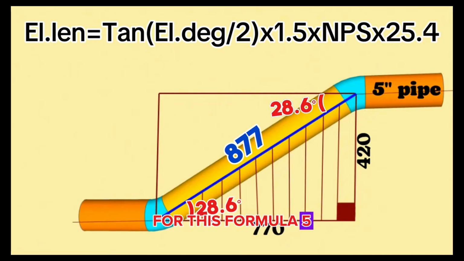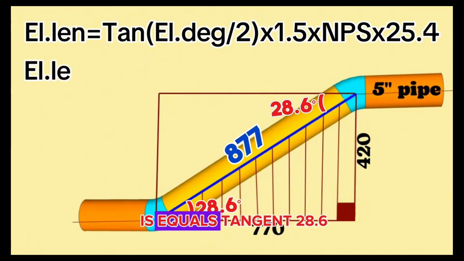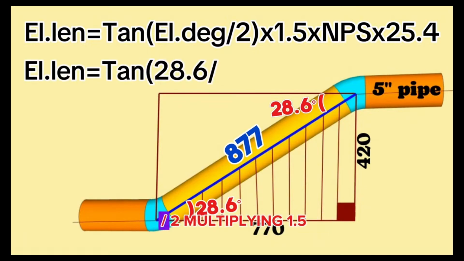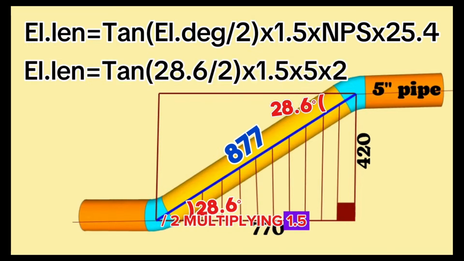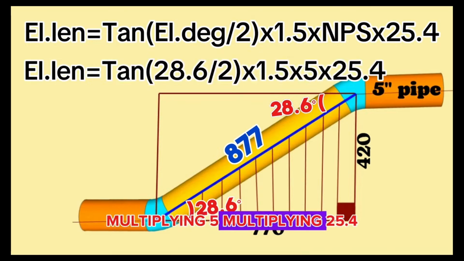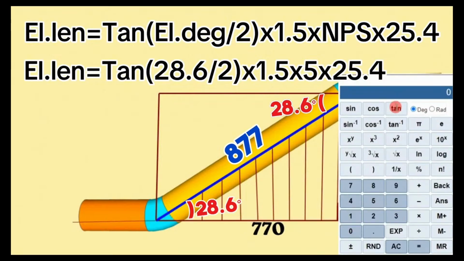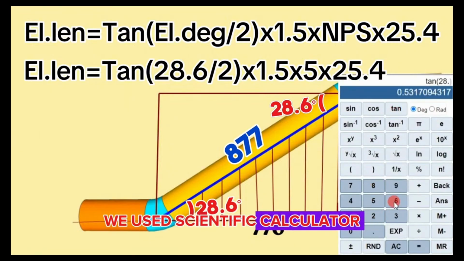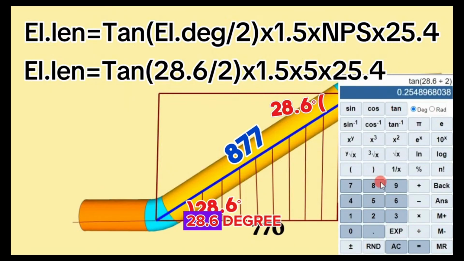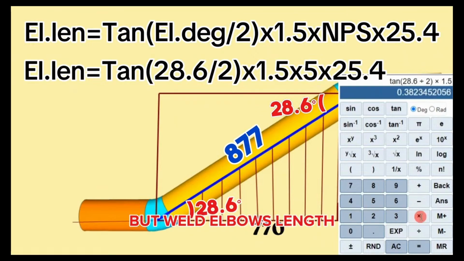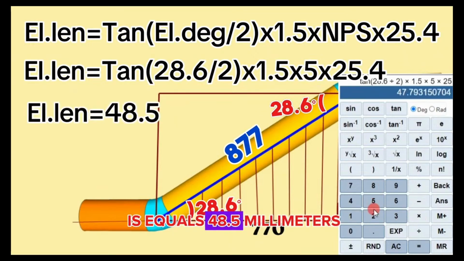For this formula, 5-inch 28.6 degree butt weld elbow length is equal to tangent 28.6 divided by 2, multiplied by 1.5, multiplied by 5, multiplied by 25.4. We used a scientific calculator and found that the 5-inch 28.6 degree butt weld elbow's length is equal to 48.5 millimeters.